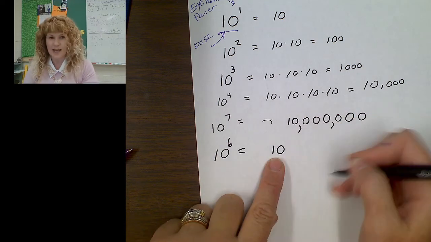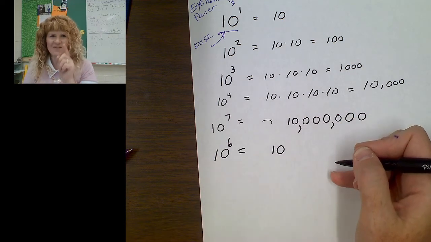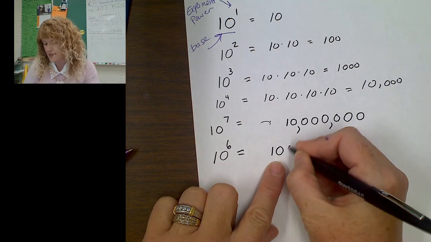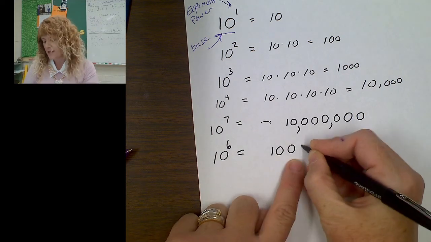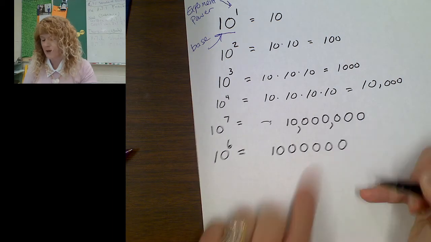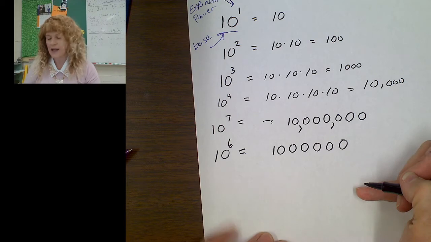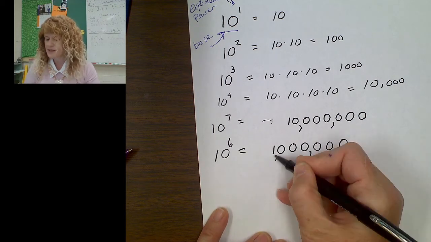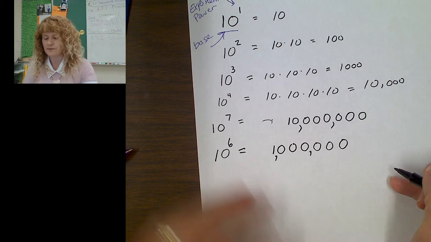So this is base 10, 10 to the first power. Now 10 to the second power, 10 to the third power, fourth power, fifth power, sixth power. There's the number in standard form. Now just count back and put on your commas. And you can see the number's 1 million.